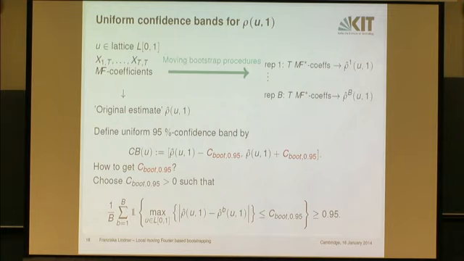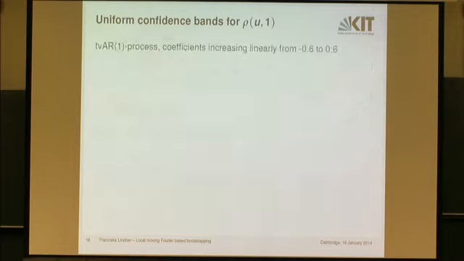Of course, I wanted to check that by simulations, and I'm going to show you a small excerpt from our simulations. Again, it's our time-varying AR process, the same we've seen before. I used a time series of length 1000, m equal to 100.